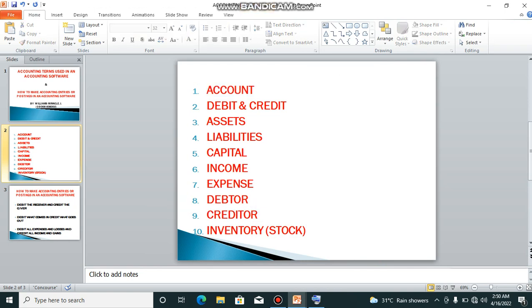Accounts, like I said, is a summarized record of various transactions pertaining to a particular account head. In an accounting software, it is commonly referred to as a chart of accounts, while normally it is referred to as a ledger account. So please take note of it.